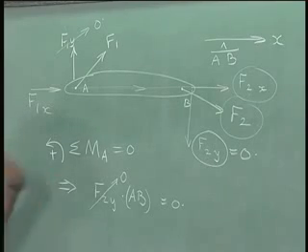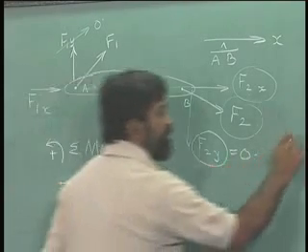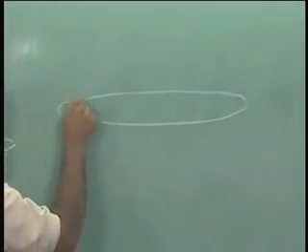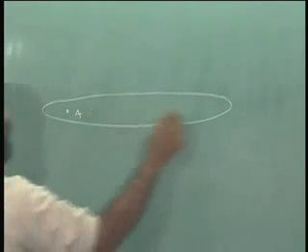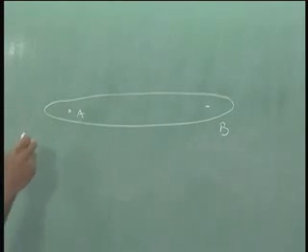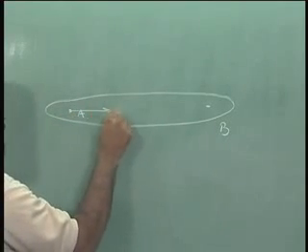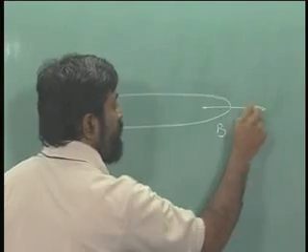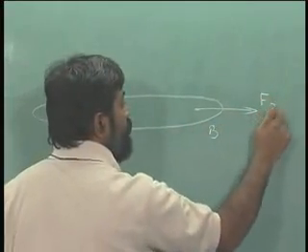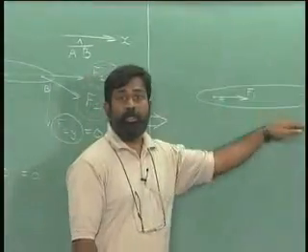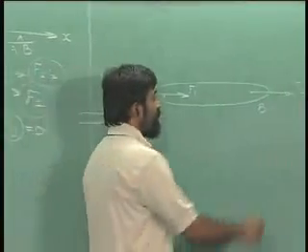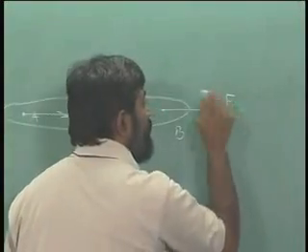Okay. Or in other words, I can simplify this as a problem where if this is A and this is B, I will have forces acting this way and this way. Let us say this is F1, this is F2. If I use horizontal equilibrium along AB, I can write this to be minus F1.